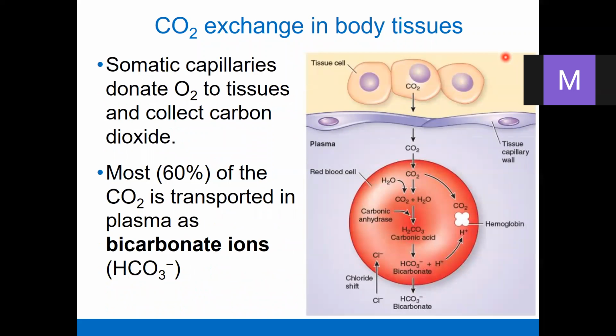You see here carbon dioxide exchange in tissue, and you will also see it in the alveoli. Tissue cells are rich in carbon dioxide because carbon dioxide is a byproduct of the metabolism of carbohydrates, lipids and proteins.